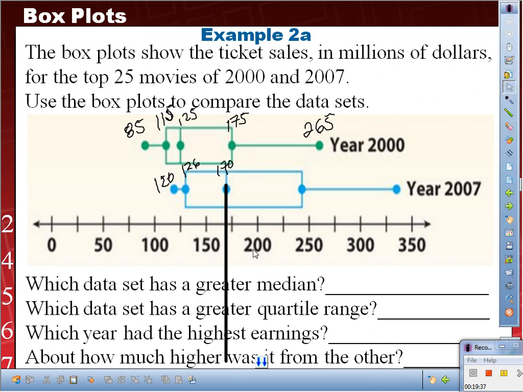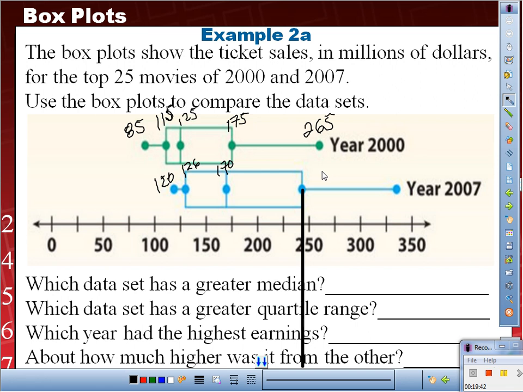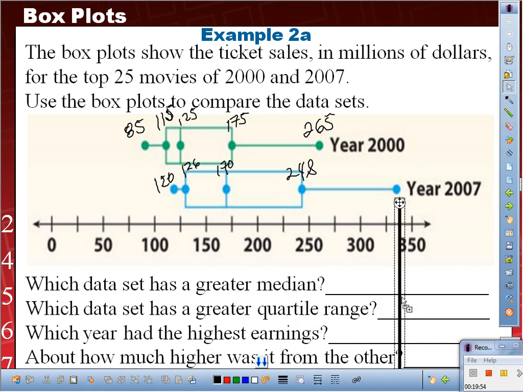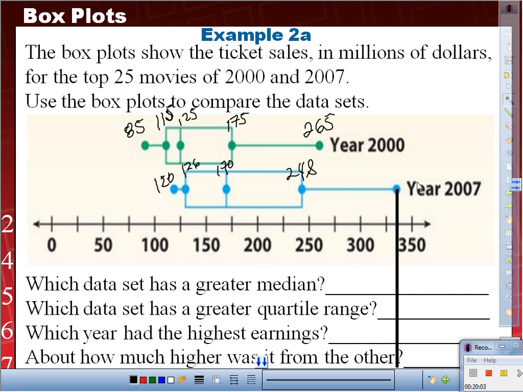Okay. Got someone? Q3. 248. All right. Pass someone the maximum. 328. Oh, 328. All right.